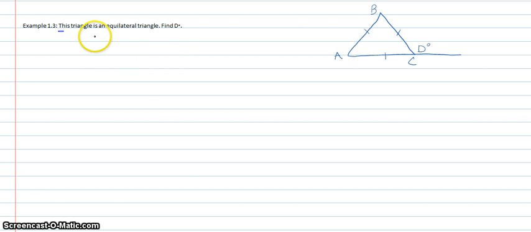So what we need to do is 3 times our angle equals 180, divide by 3. So all the angles are 60 degrees. And if it's an equilateral triangle, all the angles are going to be 60 degrees.